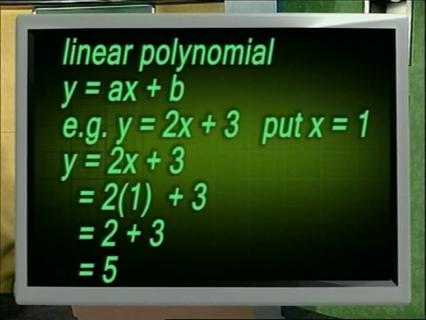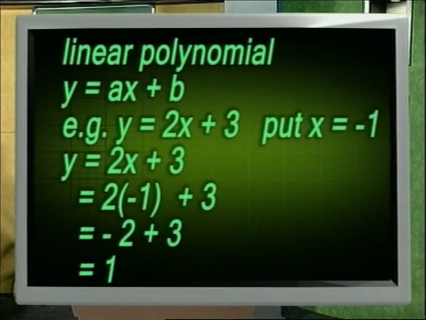Now let us take some negative numbers, that is x is equal to minus 1. By putting this value in the equation y is equal to 2x plus 3, we get 2 in the bracket minus 1 plus 3 equals minus 2 plus 3 equals 1. So for x equal to minus 1, we get y equal to 1.